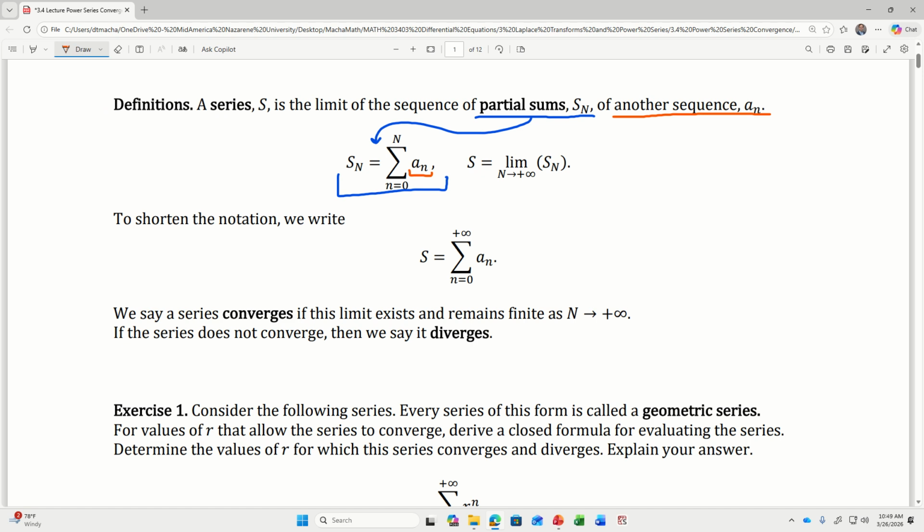So if your sequence was, for example, 1, 2, 3, 4, and so on, then your partial sums would be what? 1.